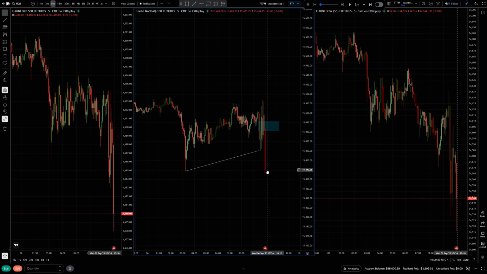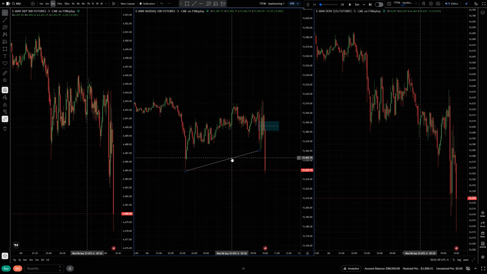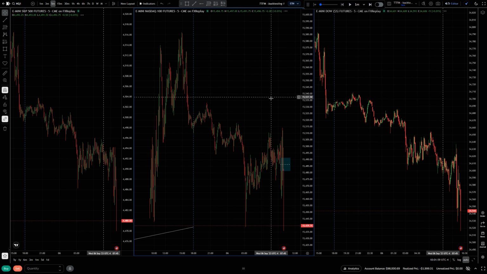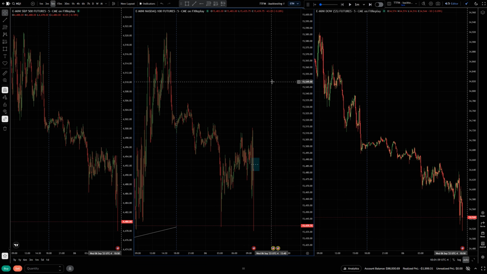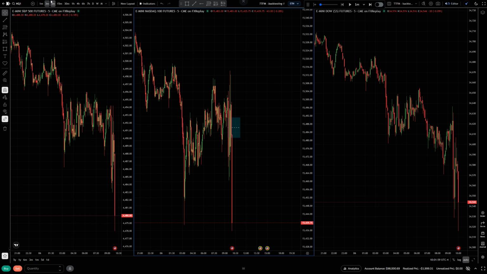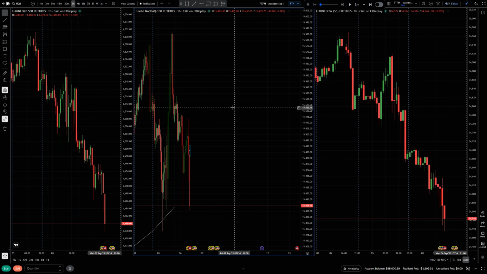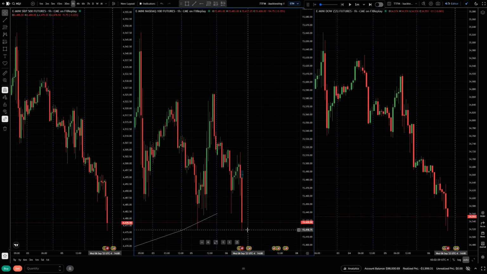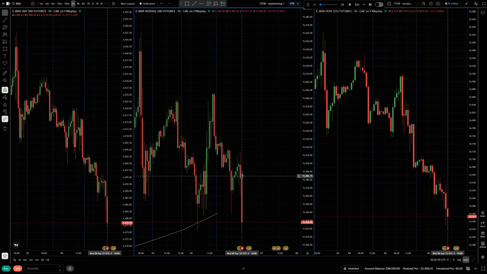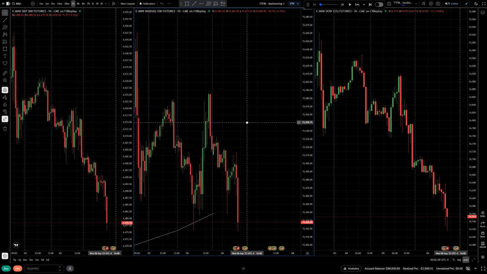Okay, we had news at 10, and we no longer have this SMT. So we have closed, let's see, on a 1 hour chart. Yep, we have taken the previous day low. So our bias wasn't really the greatest.